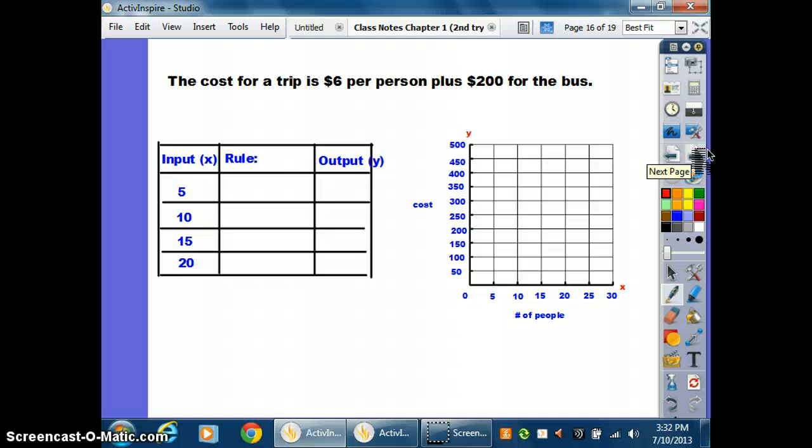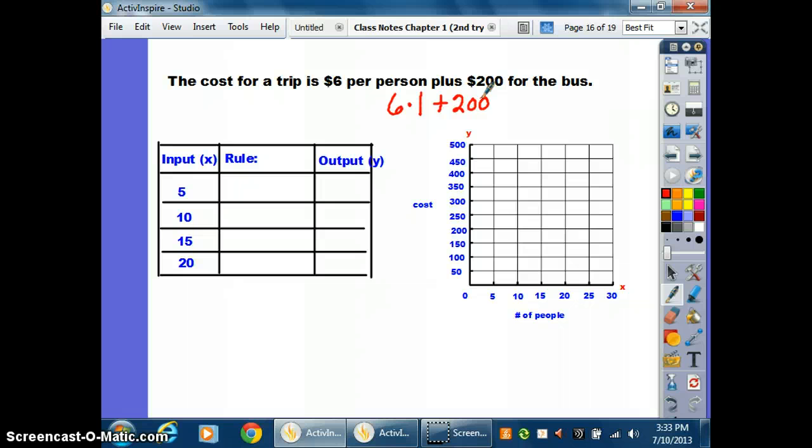Another trip. The cost for a trip is $6 per person plus $200 for the bus. Okay, so if one person goes, it costs $6 for one person, but to rent that bus, we have to throw in $200 more.